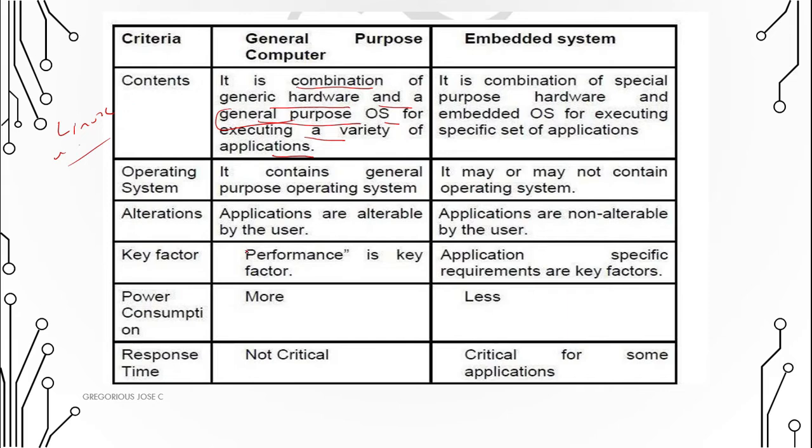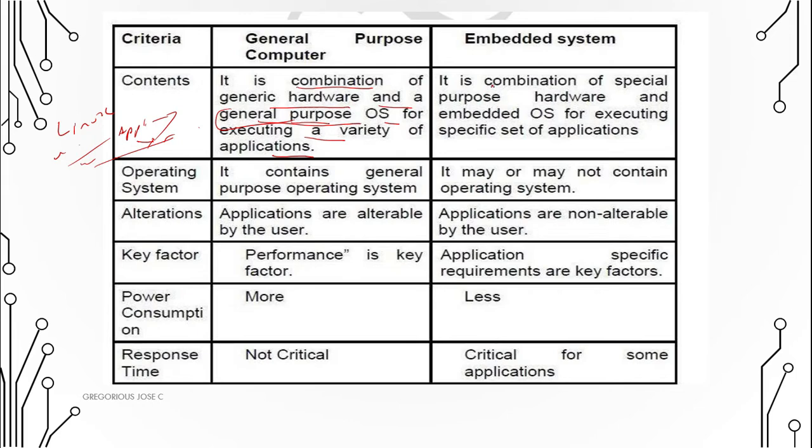Our operating system based system can do more than one particular task. For example, we can use different types of applications for editing an image and for recording a video, and all such processes are associated within that operating system, and it is multifunction. So that is called a general purpose operating system.